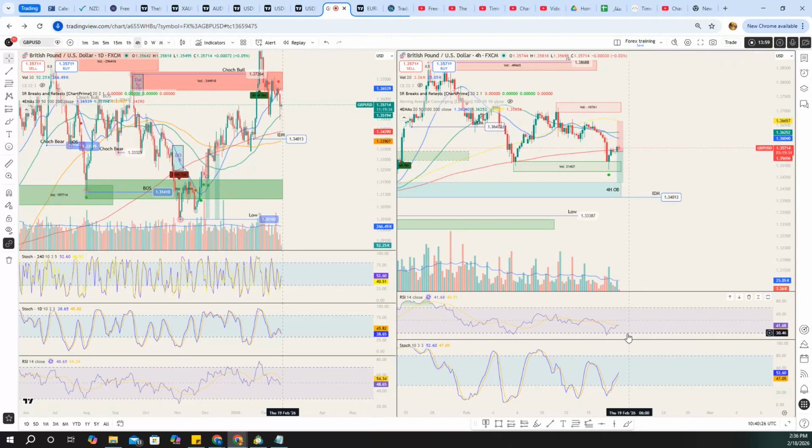That, with the fact that the RSI went above its average, it's not looking good. But we're hoping that this will rectify, and it will go down below the EMA, because it already broke it down.